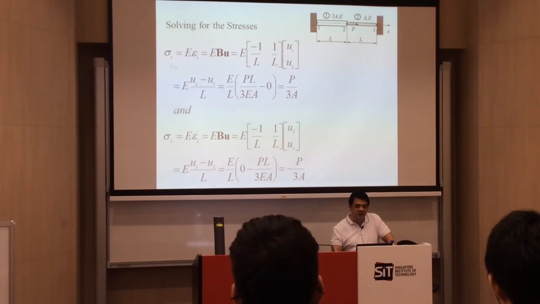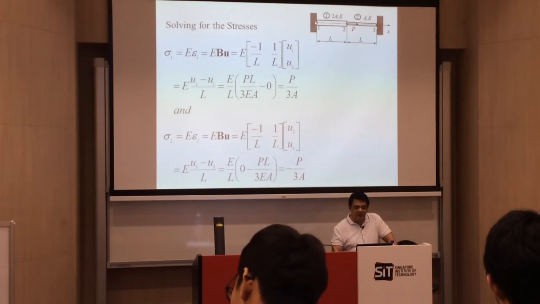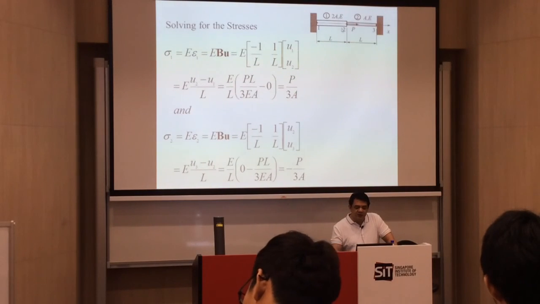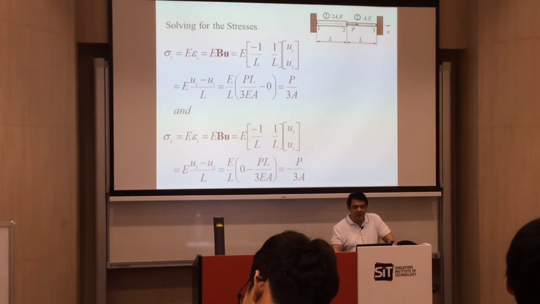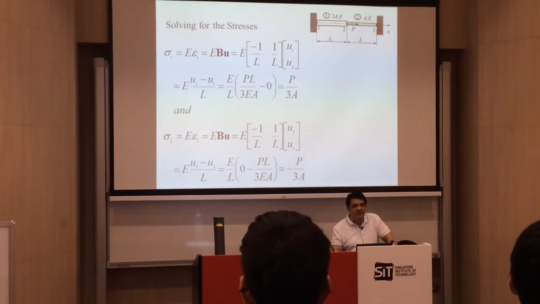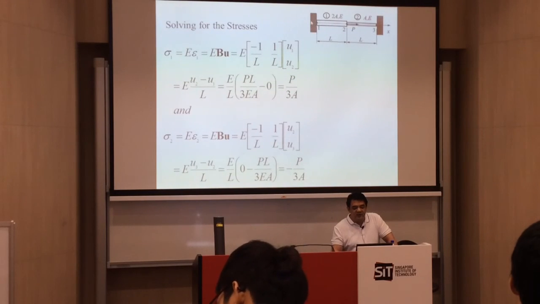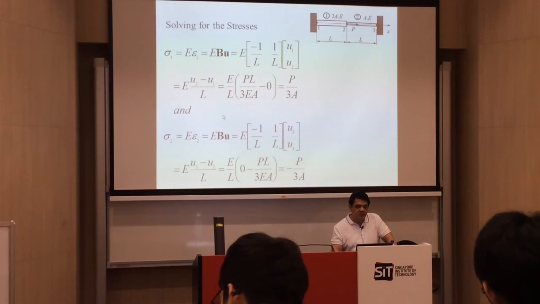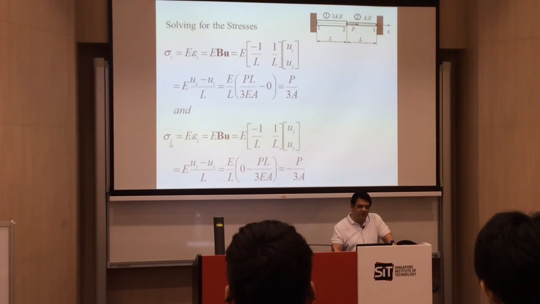You can now determine your stress for your first element. So the question is, will the stress be here or there? Neither. It's along the element. That's the limitation of finite element. So you're assuming that the stress along this element here is constant. And then of course you solve for your stress 2, which will be the stress along element 2.